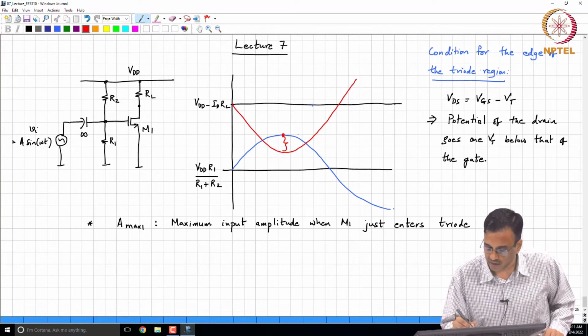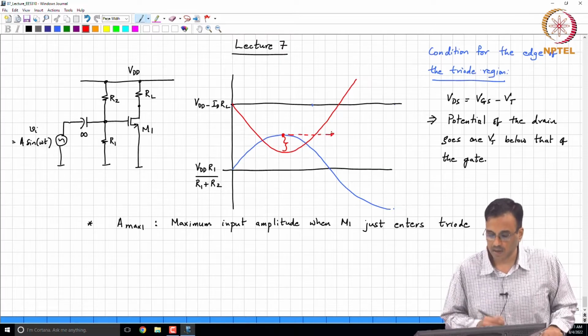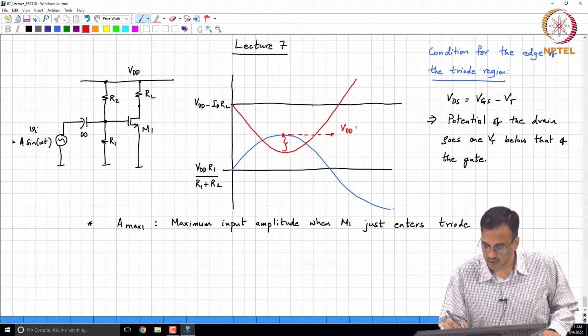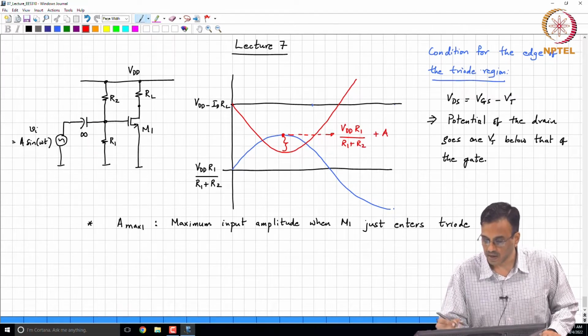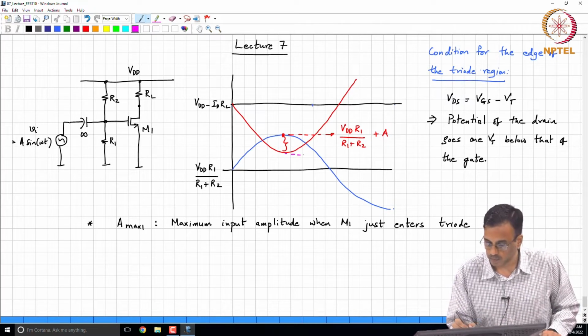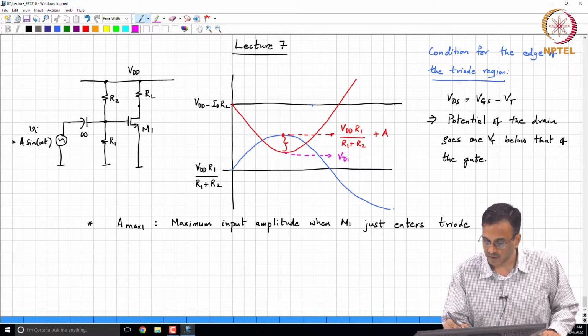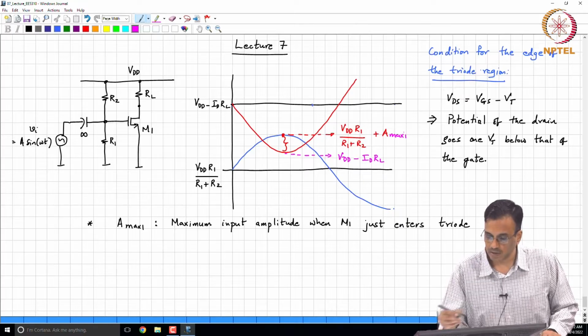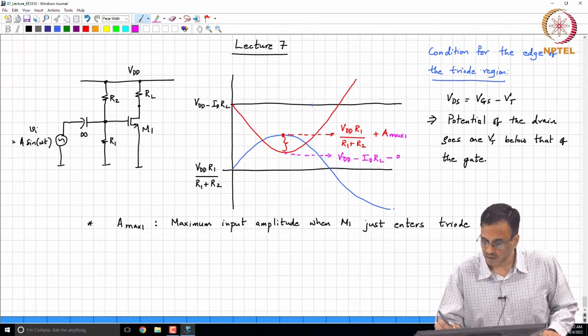What is the peak value there? What is the absolute voltage there? This is basically VDD times R1 by R1 plus R2 plus A. What is this other term? That is VDD minus IDRL minus GMRL times A max 1.